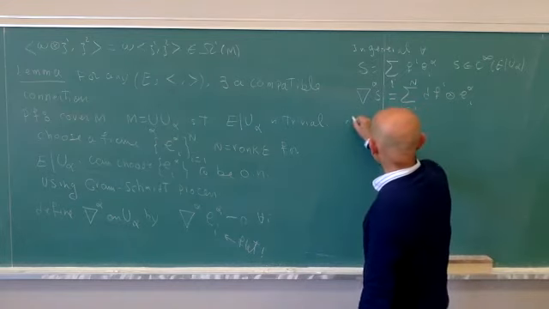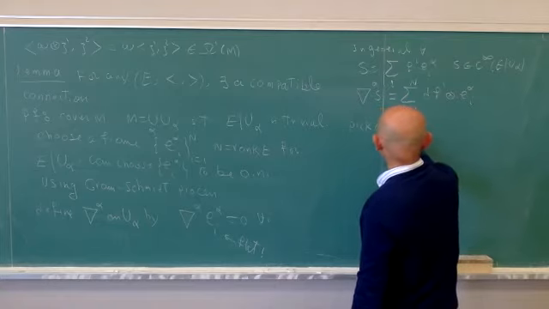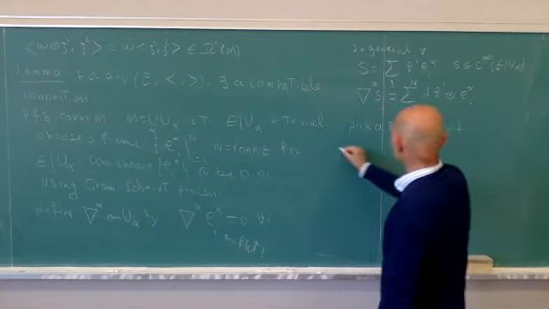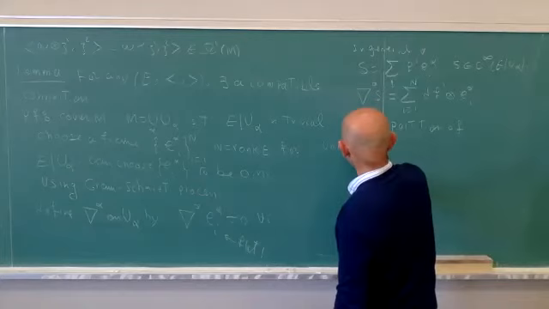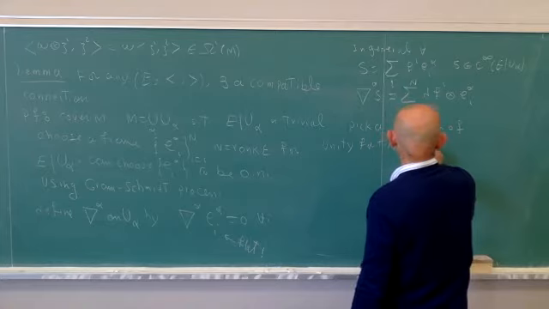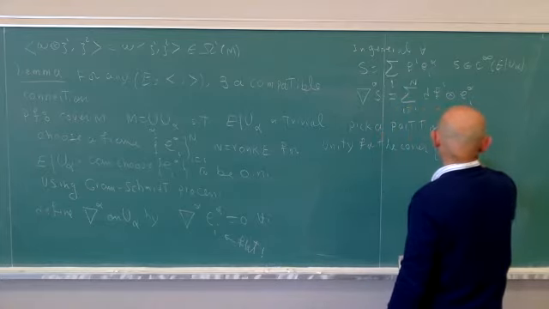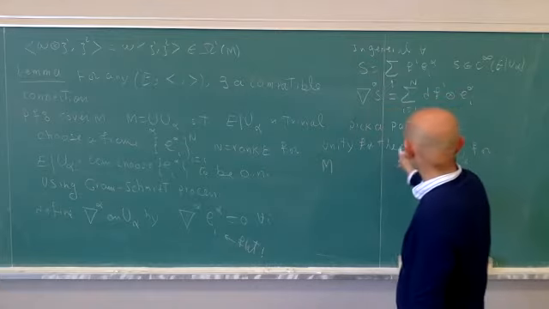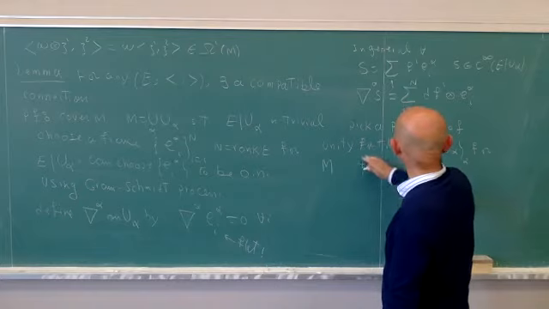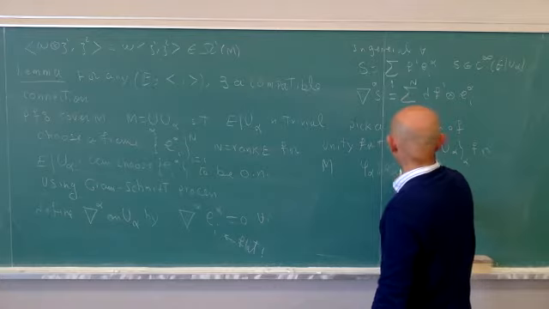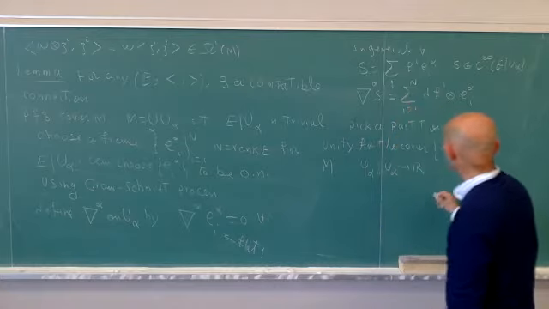Okay, now the claim is that. So now, what do we do? Pick a partition of unity for the cover U alpha. In other words, phi alpha from M to R. These are smooth functions.